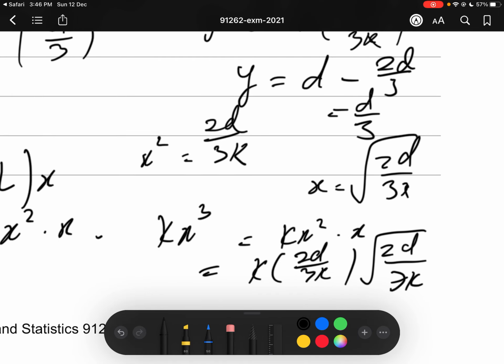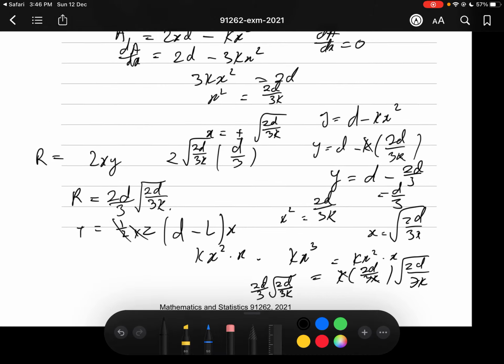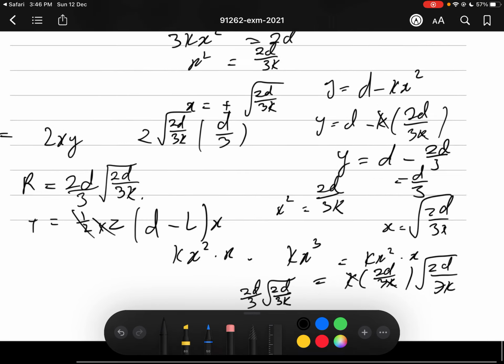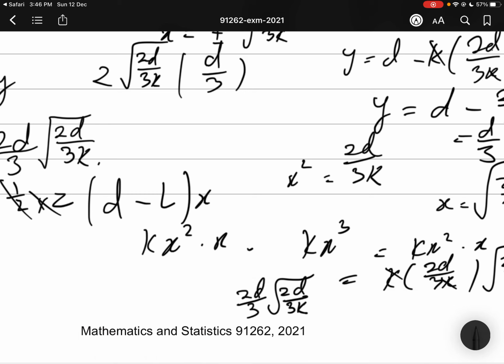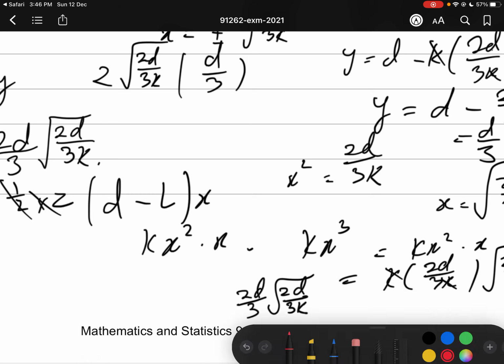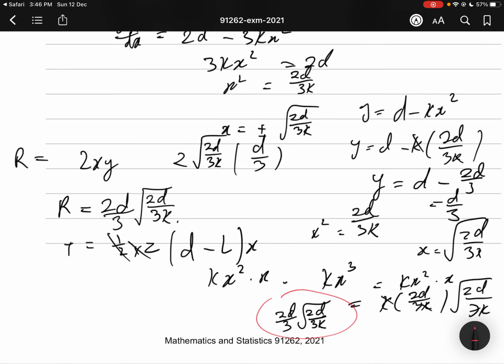If we simplify this a little bit, we see that this is equal to 2d over 3 times the square root of 2d over 3k. And that is the same as the rectangle area. So you see these two expressions are the exact same.